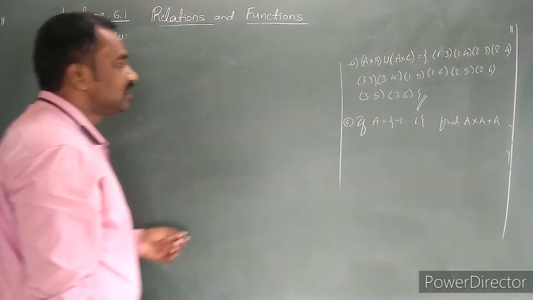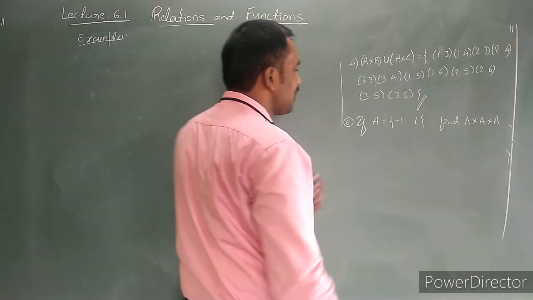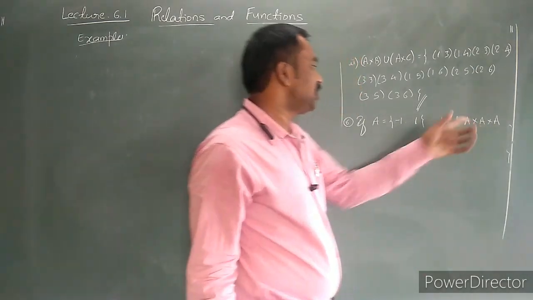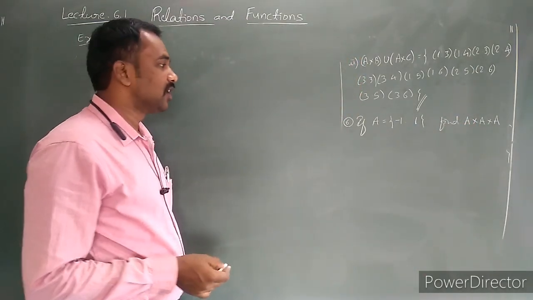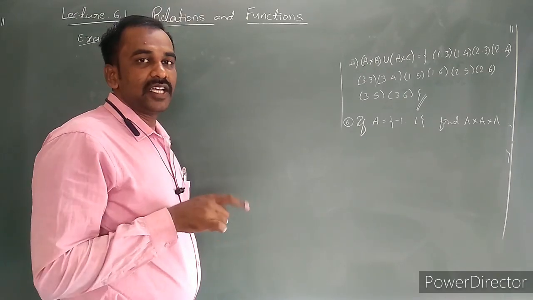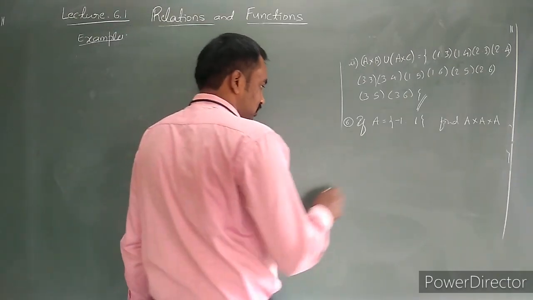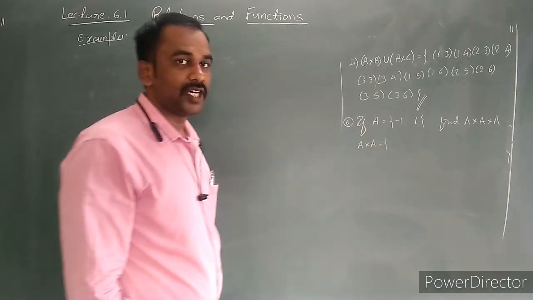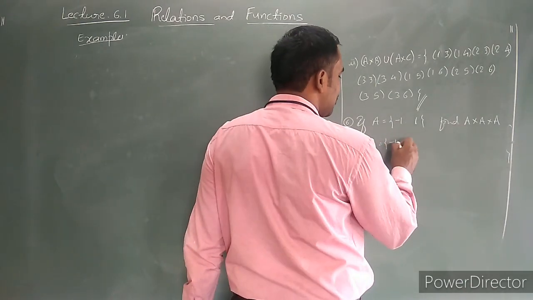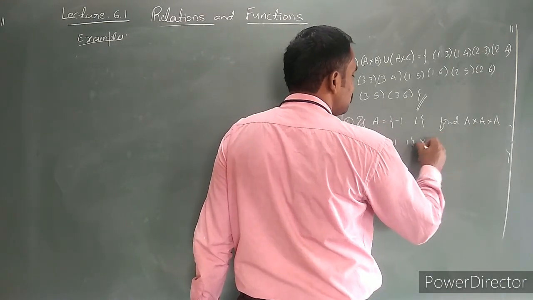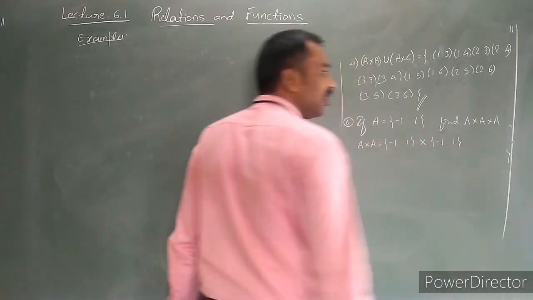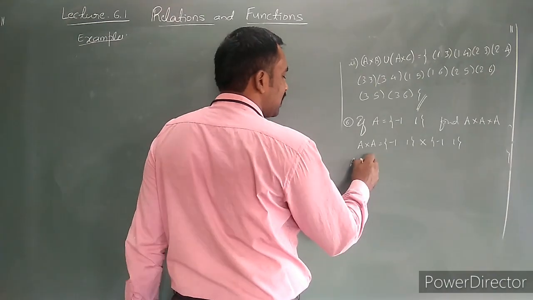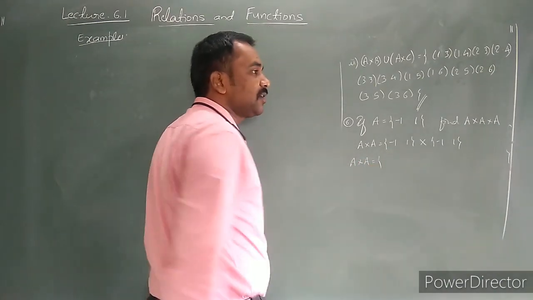Set A is given. So, what is the set A? Minus 1 and plus 1. We need to find the A cross A cross A. To find this, first of all get the A cross A, the Cartesian product.